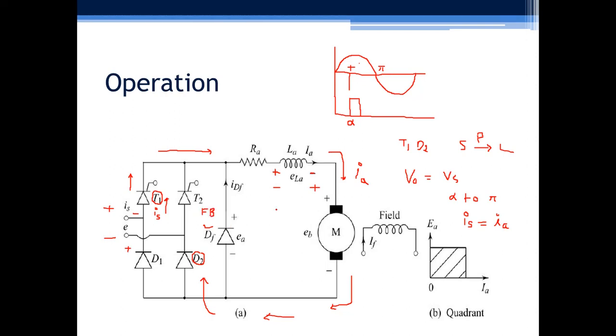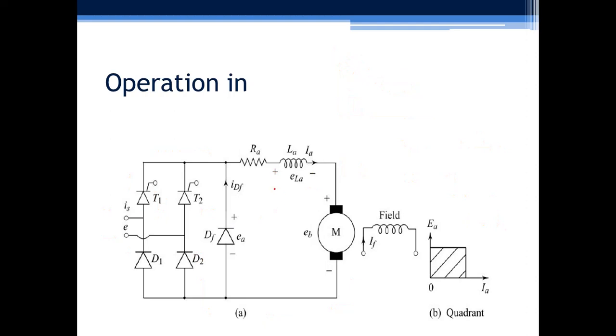Now let us understand what happens when diode DF becomes forward biased. So this changed polarity will act as source now, and current will start flowing in this direction, and now this diode will be forward biased. In this time, this entire part is isolated from the load side.